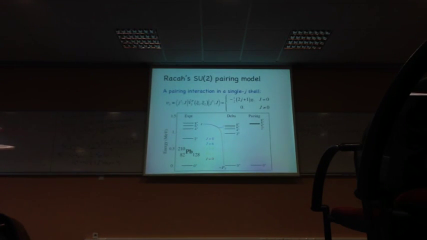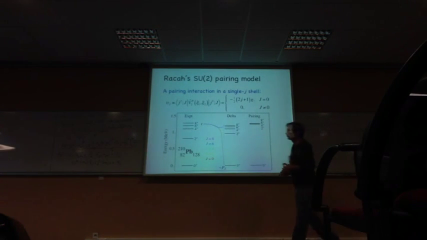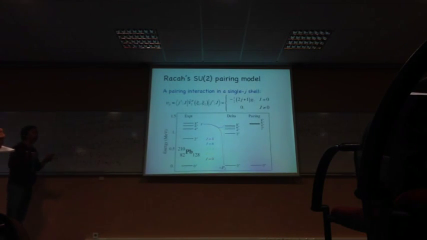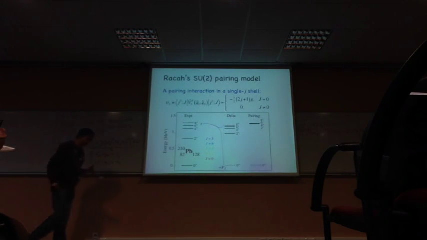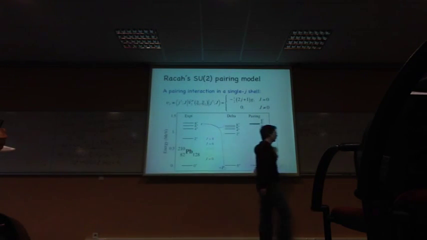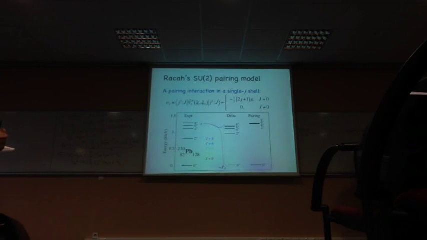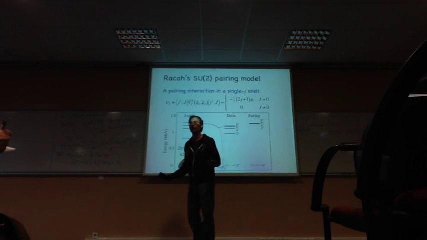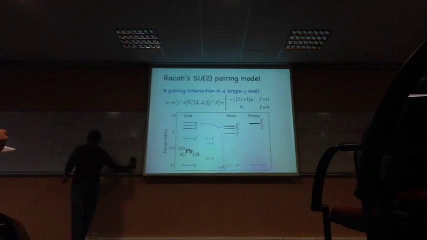Well, you make it because, as I will show, I will find a closed expression for the n-body problem if V2 is the pairing interaction. And now I will spend some time giving you an idea of how this problem can be solved with the techniques that we saw in the previous weeks. Clear? Okay.